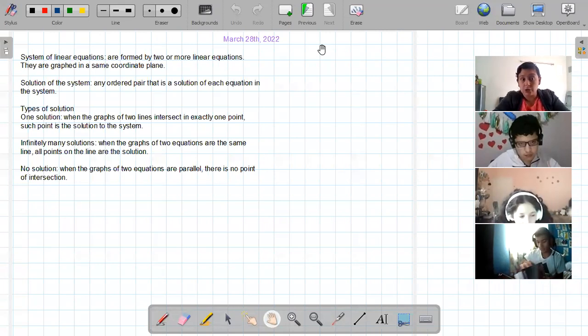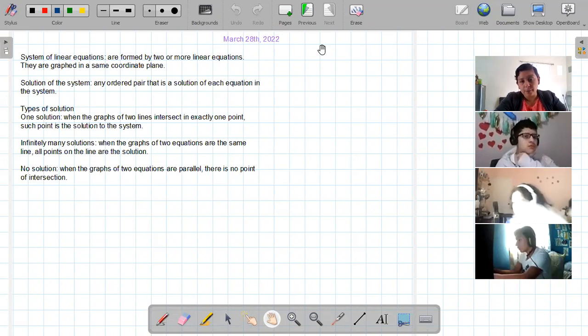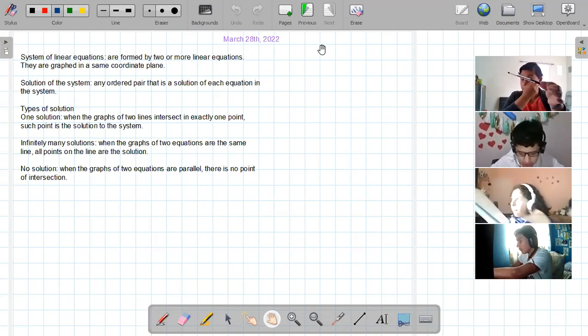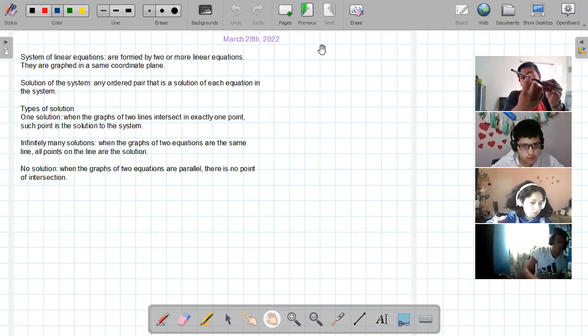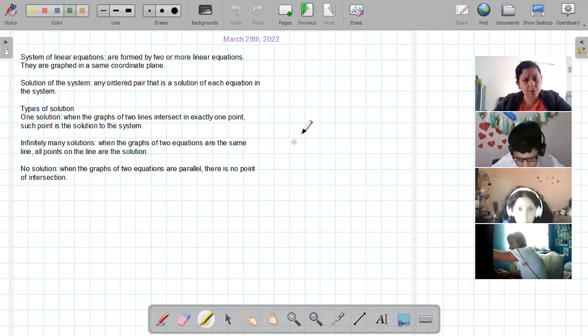Infinitely many solutions is when the graphs of two equations are exactly the same line, meaning, in other words, that all of the points on the line are the solution. So you go ahead and graph the first line, and by any coincidence, the second graph goes right on top of the first one, okay? So every single point of your line is touching. Why every single point?